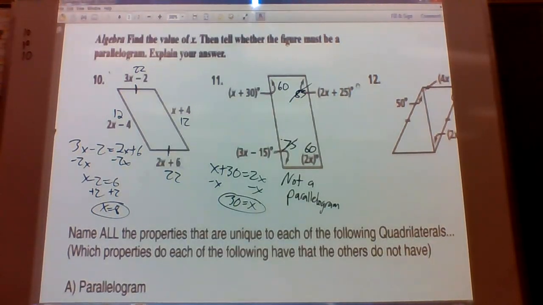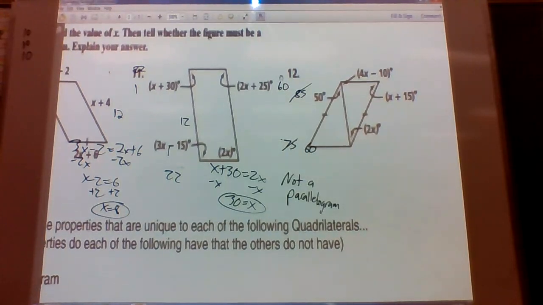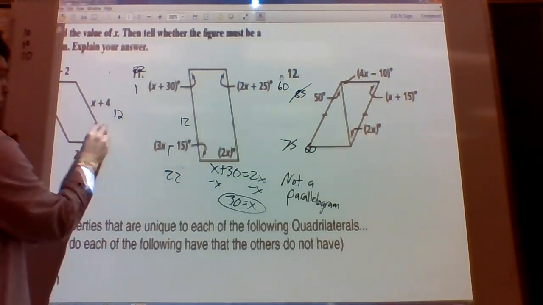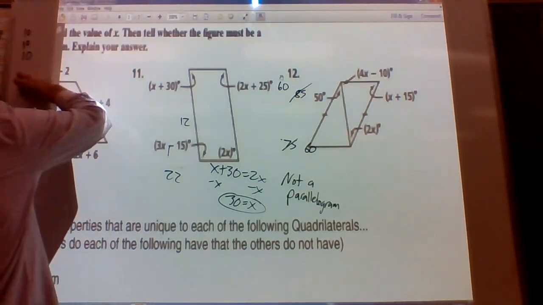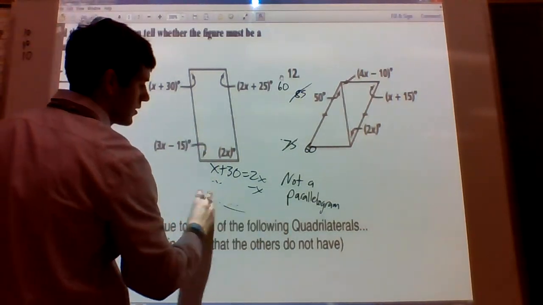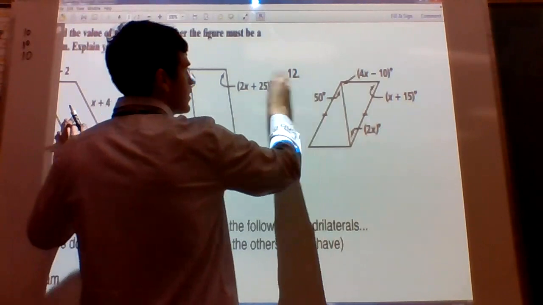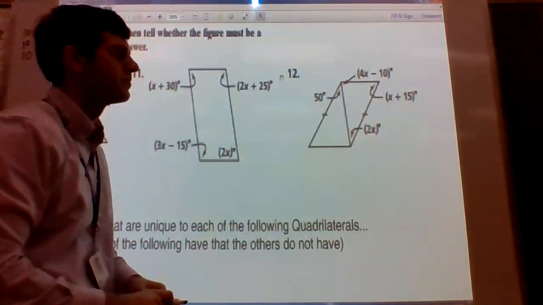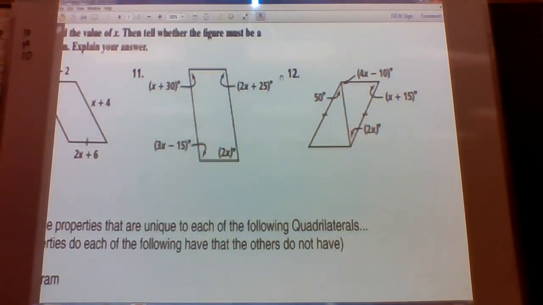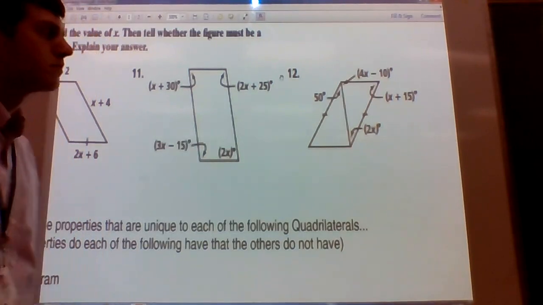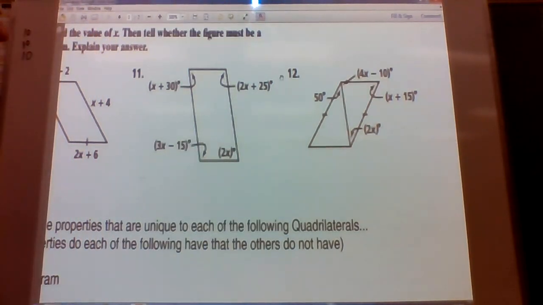Number 12. So in a parallelogram, we know consecutive angles are going to be supplementary.